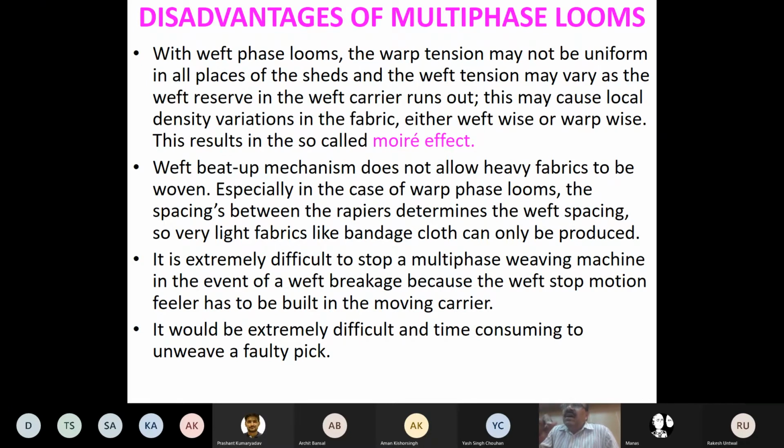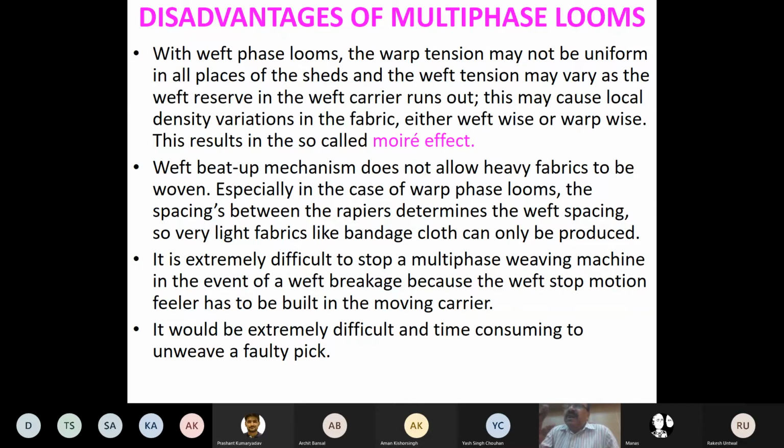That means the tension in the weft yarn varies with every pick, and as the tension varies from one pick to the subsequent pick, this variation in yarn tension causes local density variation in the fabric, which we normally see in the fabric as the Moire effect.